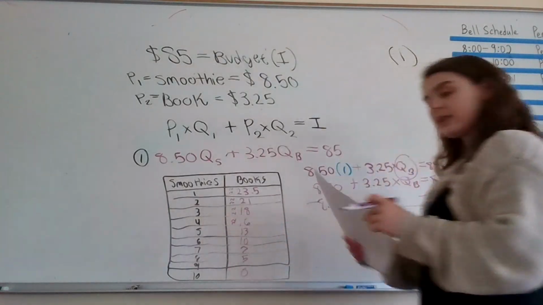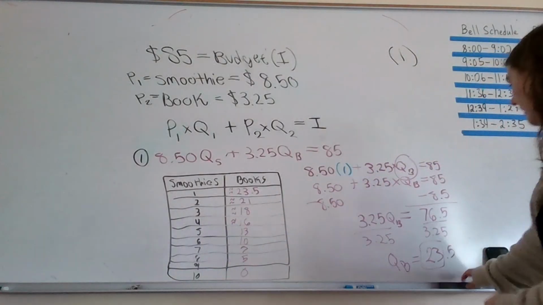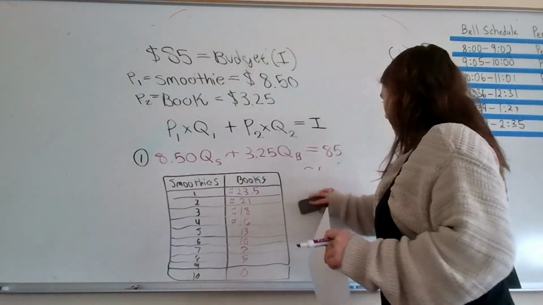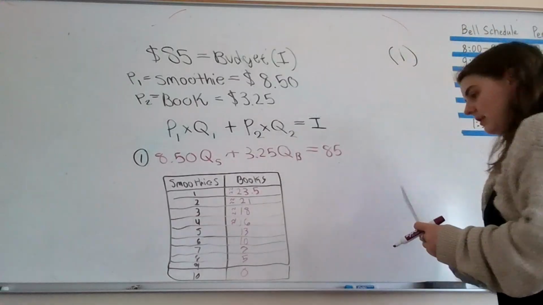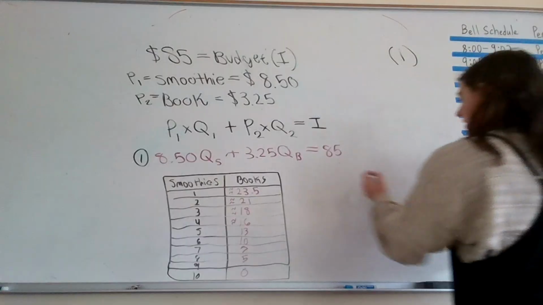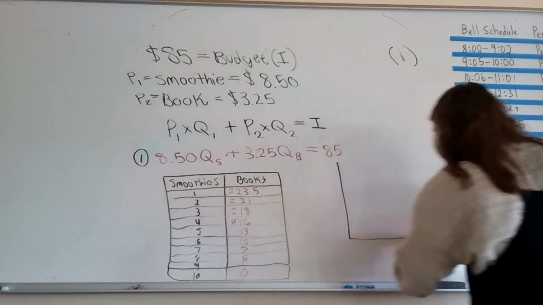So what we can do now with this is we can plot these. So I'm going to get rid of this, and we're going to just plot these points. When we draw something out like this, we want to make sure we have our two axes.